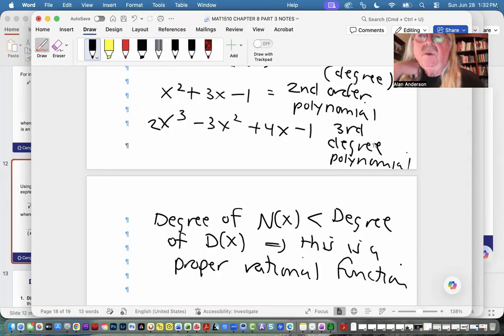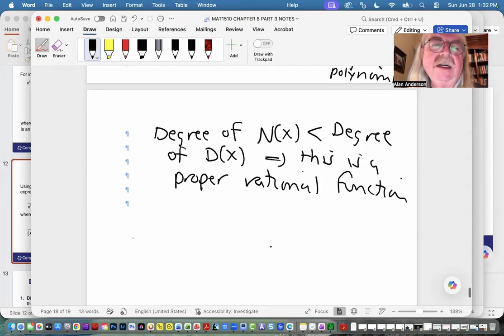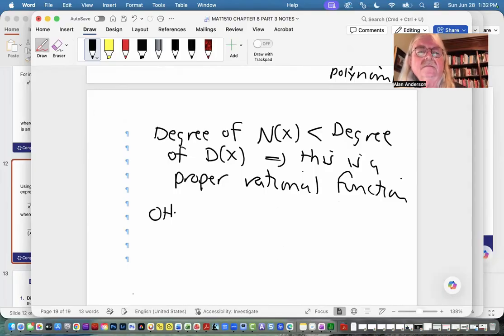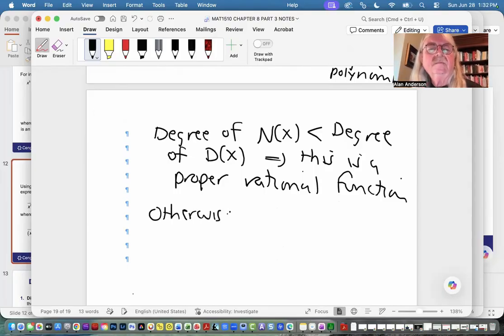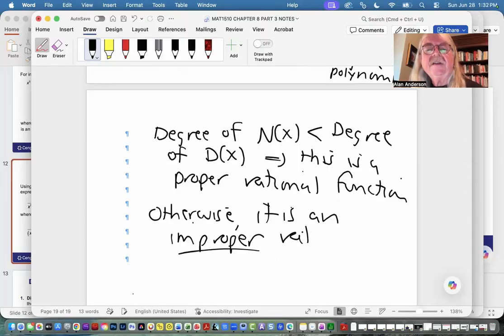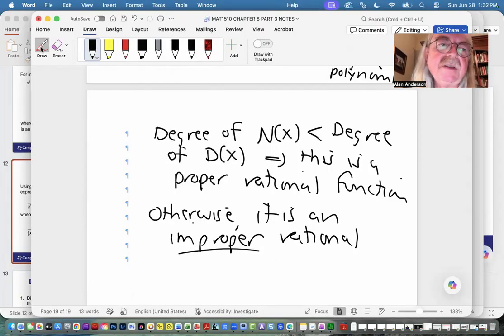Okay, well, what if it isn't? That's a good question. Otherwise, it is called improper. And why do we care? Because if it's improper, then we have to take another step.